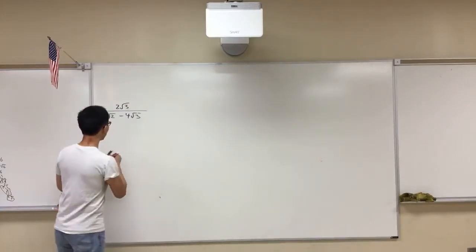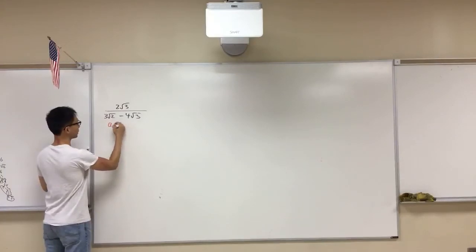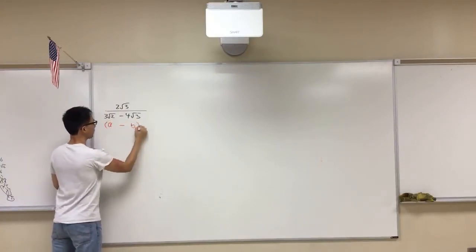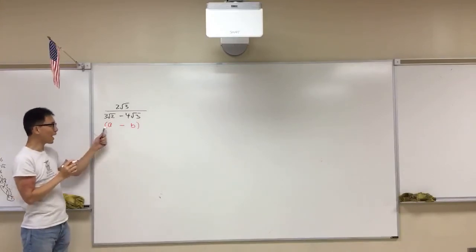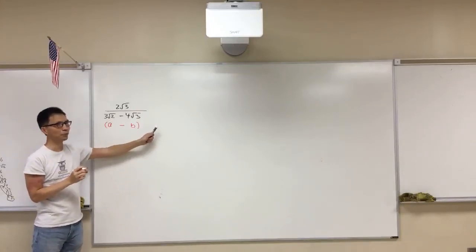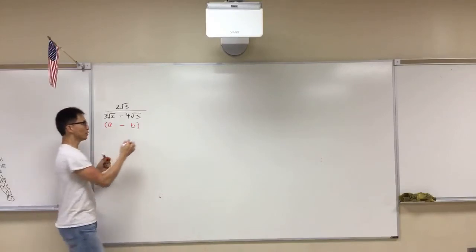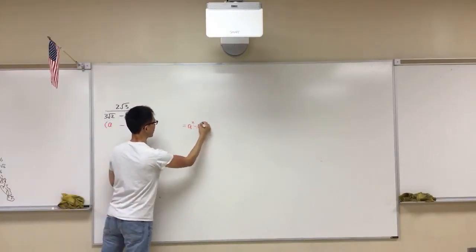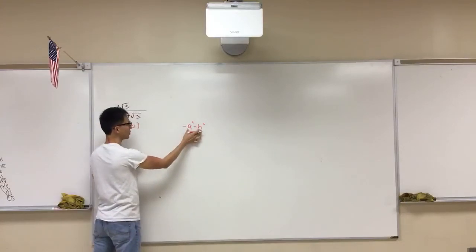So let's assume that this is A and this is B. If I multiply by some other term here, we know what A squared minus B squared is equal to, right? If I factor this, what am I going to get?